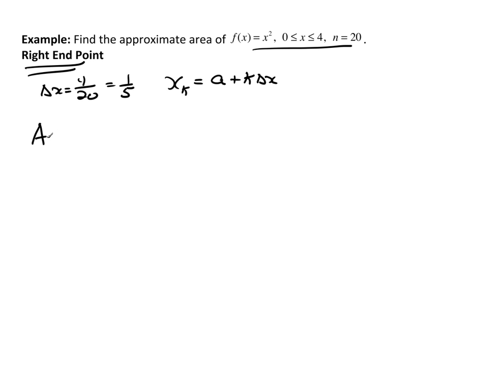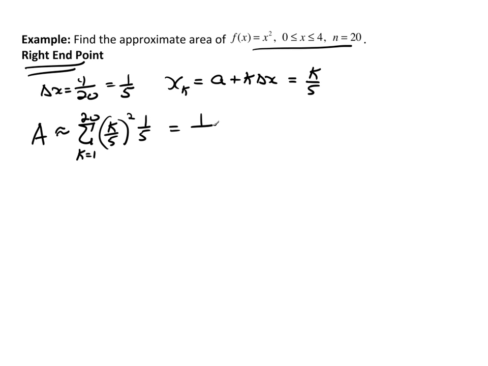So the area here is going to be approximated by the sum from k equals 1 to 20. This time, delta x is still 1/5, so this is k over 5 squared times 1/5. That's still my delta x.